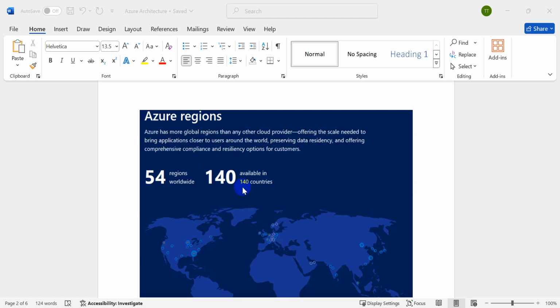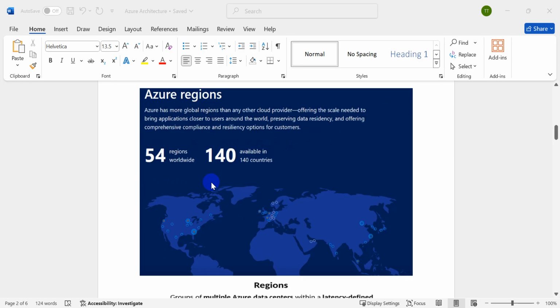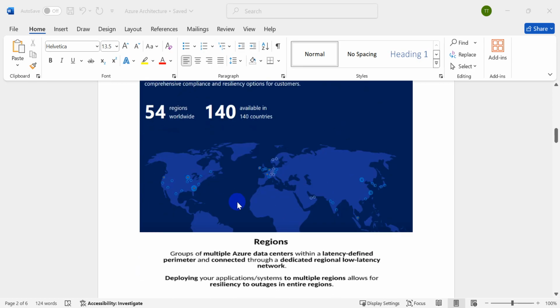We can say they have identified the regions, which are the physical locations, and they are available in 140-plus countries. So these are the regions available in many countries. Again we will talk about the availability zone, but generally regions are defined here.